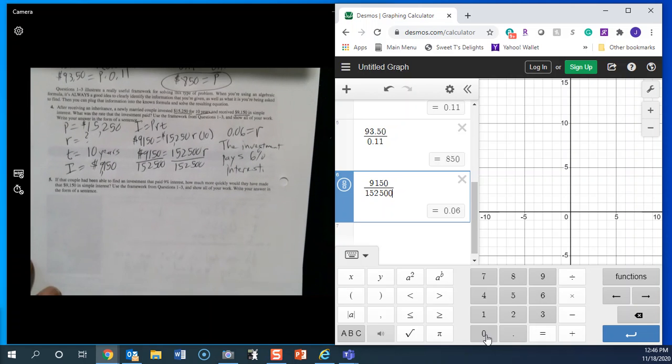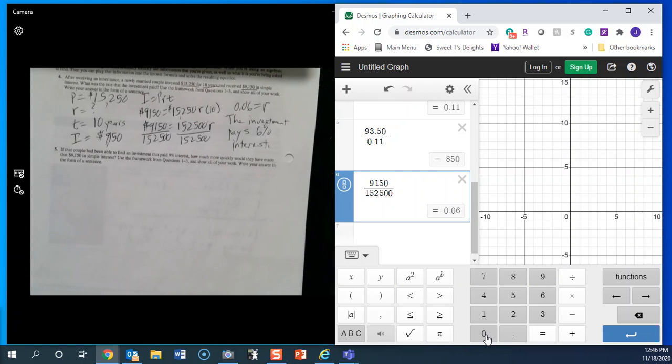Okay, now we go here to number 5. If that couple had been able to find an investment that paid 9% interest, how much more quickly would they have made that $9,150 in simple interest? Use the framework from questions 1 through 3 and show all of your work. Write your answer in the form of a sentence.